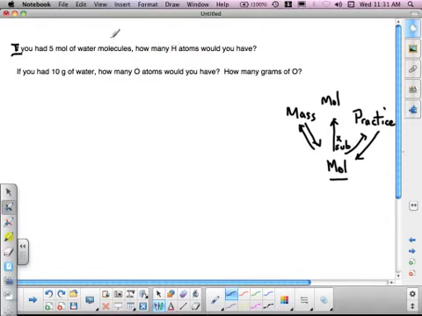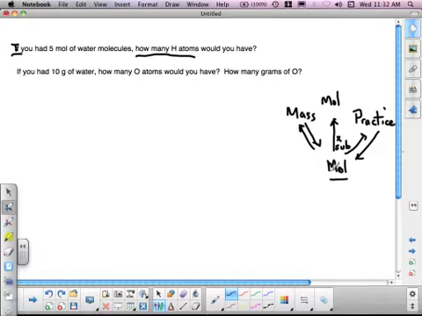So in all of our previous questions, we were multiplying all those counting units by the subscript. If I have 5 moles of water molecules, I would have 10 moles of hydrogen atoms. 5 times 2 is 10 moles. But I don't want moles here. The question's different. It's how many hydrogen atoms.